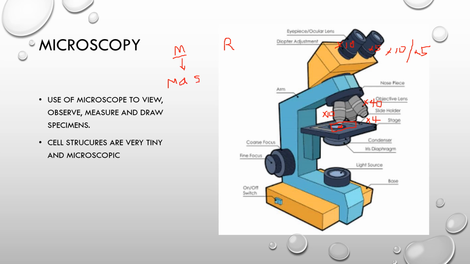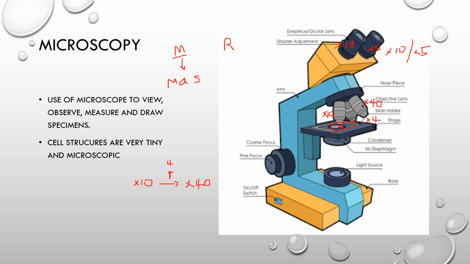That means once magnification increases, for example, if this is times 10 and I increase it to times 40, the size of the cell increases about 4 times bigger. So the factor here is 4. Is that okay? So that's the factor. Once magnification increases, the size will increase. So the highest magnification will give us the biggest size.